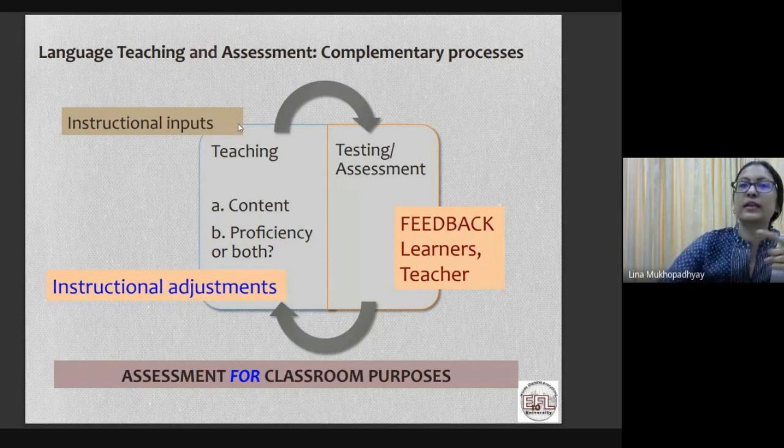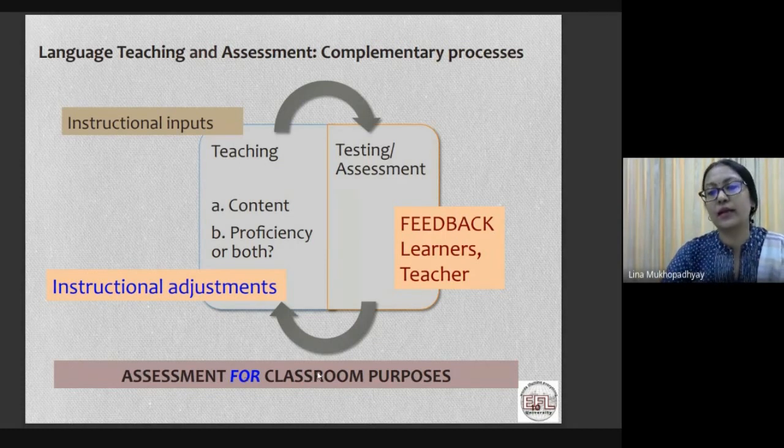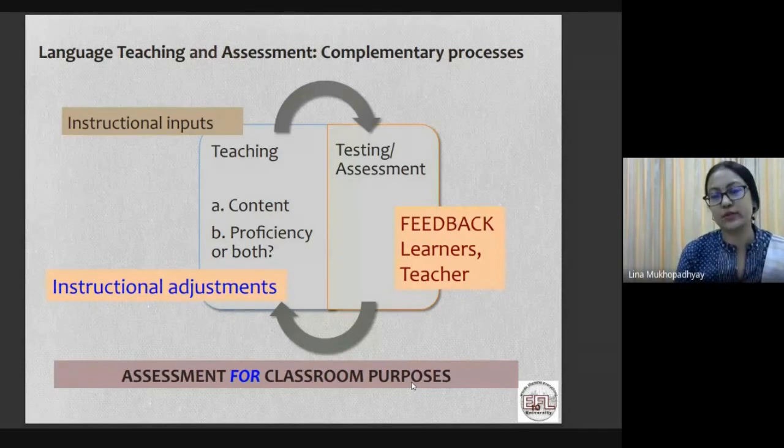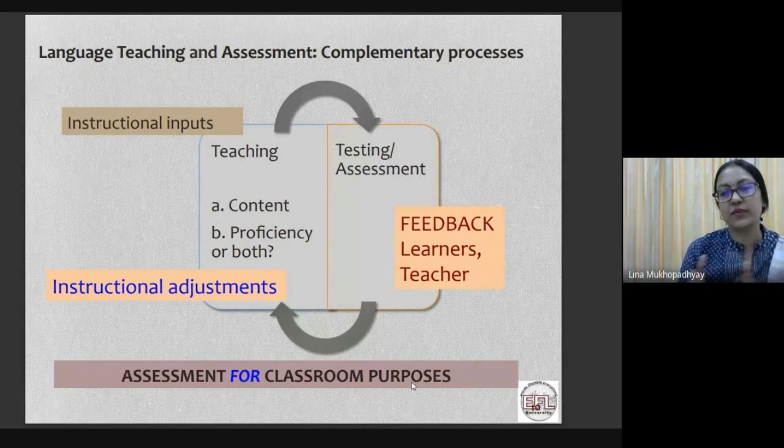So it goes on in a reiterative, cyclical manner. We create the condition for assessment for classroom purposes, where we support the learning through the assessment. So assessment is not only of learning, but we support the learning through the assessment process. That is the spirit of classroom-based assessment and assessment for classroom purposes.